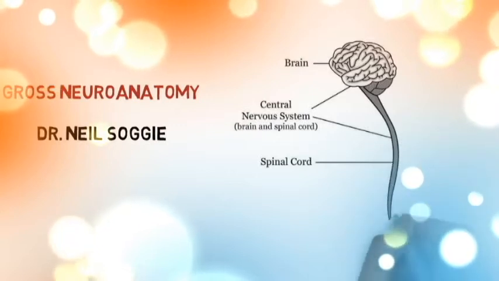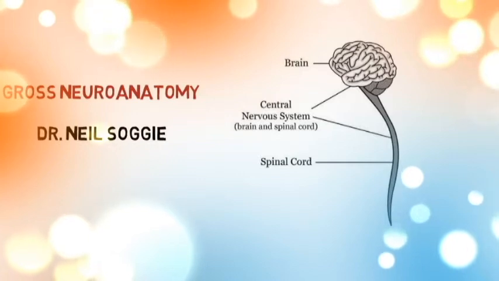Now, we'll be focusing on the brain, but there is another aspect of the nervous system, and that is called the peripheral nervous system. This is any neural element that lies outside the brain and the spinal cord.